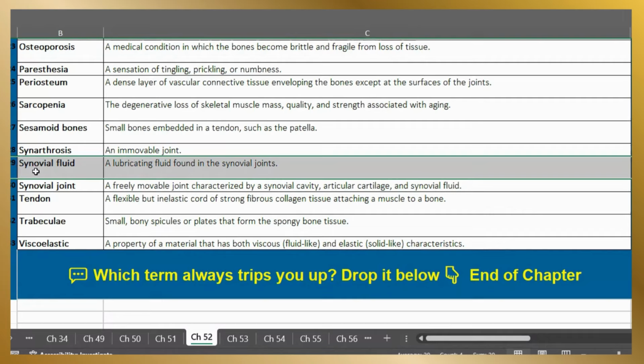The synovial fluid, it's a lubricating fluid in movable joints.